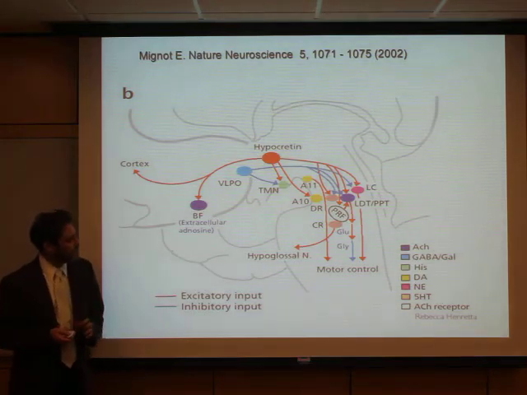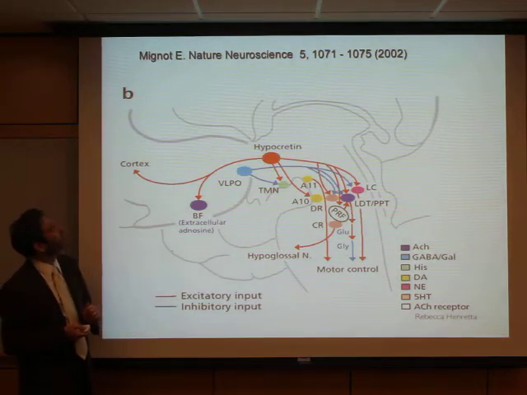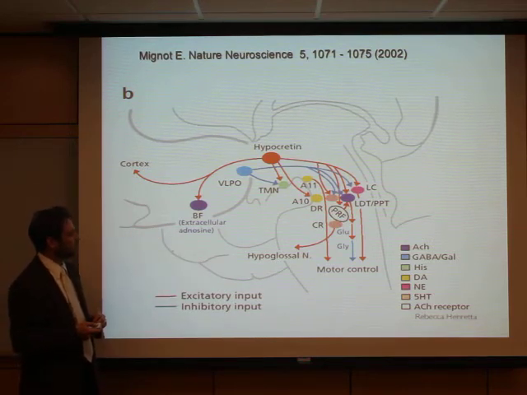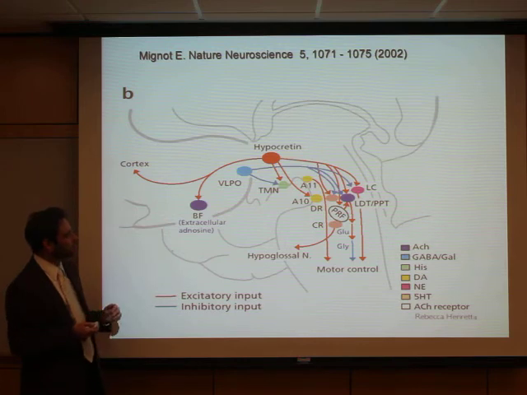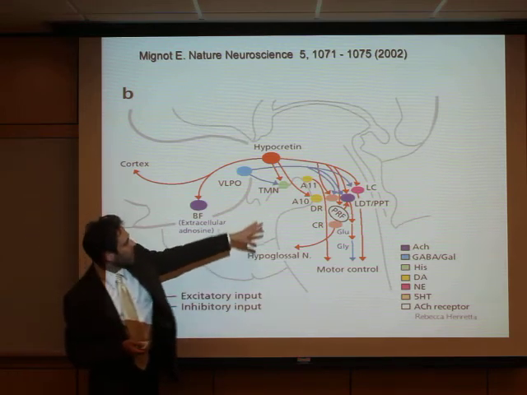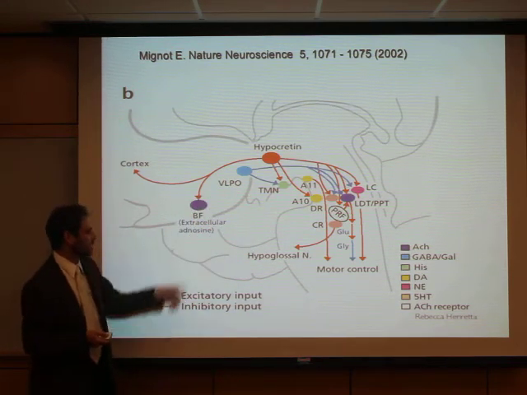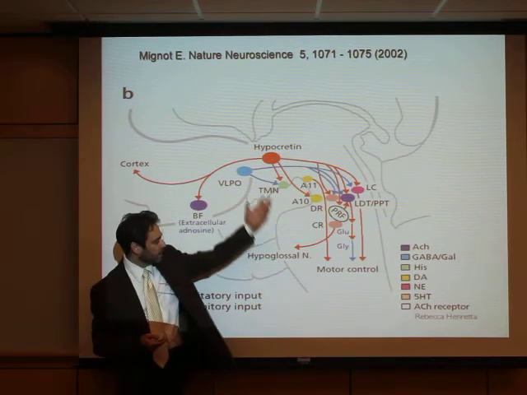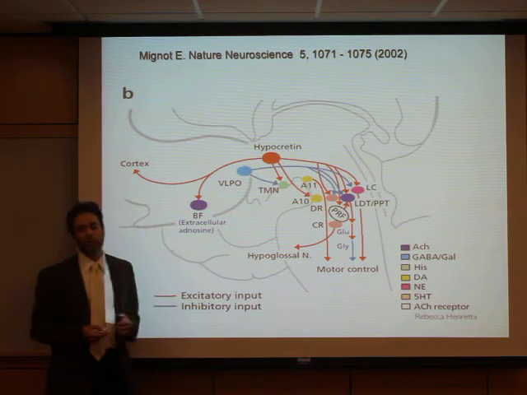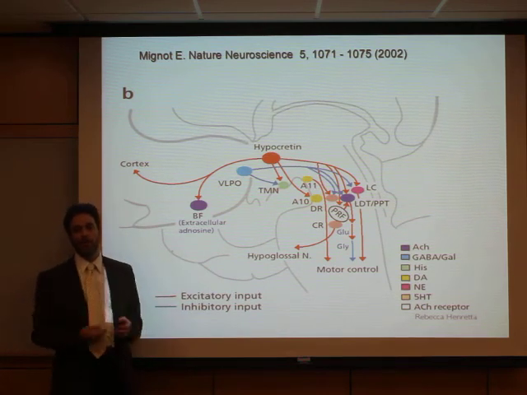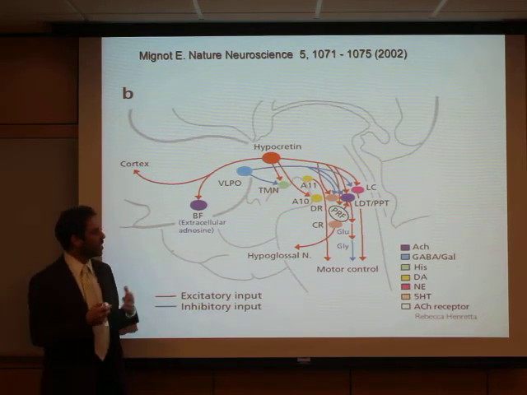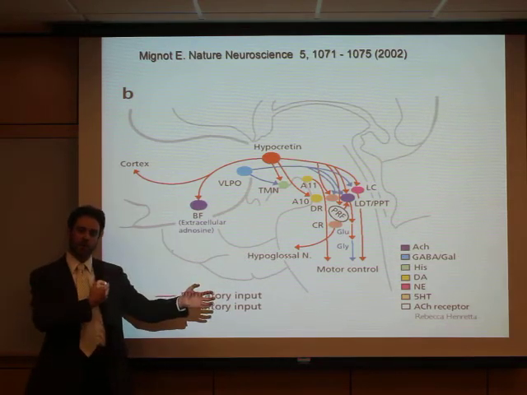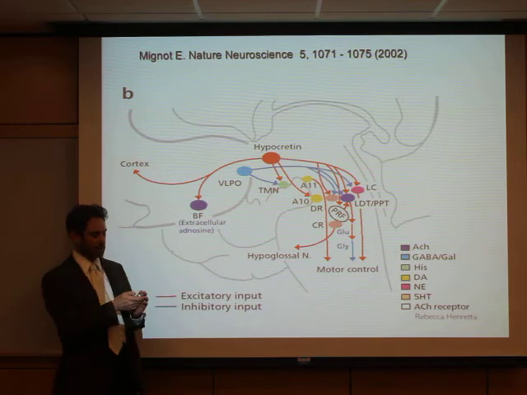This figure illustrates how the ventrolateral preoptic area sends inhibitory signals to all of these arousal pathways, like the basal forebrain and other important arousal pathways in the brainstem, to inhibit the arousal mechanisms and perhaps to trigger a switch from a wakeful state to a state of sleep.